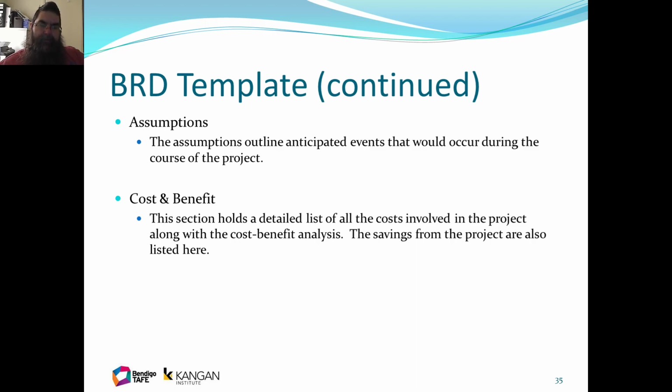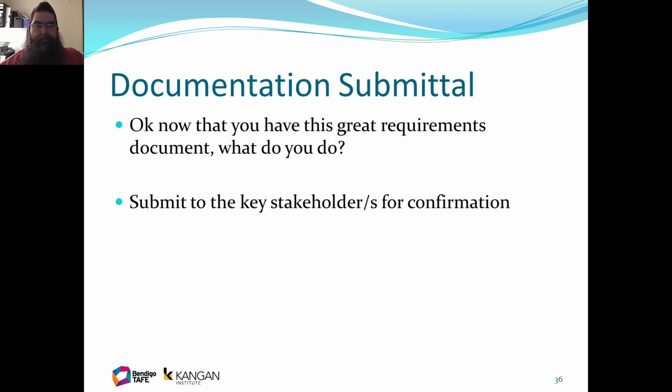And the last bit there, the cost and benefits, this is where you basically tell the business management executive why they need to do the project. So they need to see that there's a cost benefit for spending this money on this project. So basically we'll spend X amount of dollars to achieve a 10% increase within the next 12 months, that sort of thing.